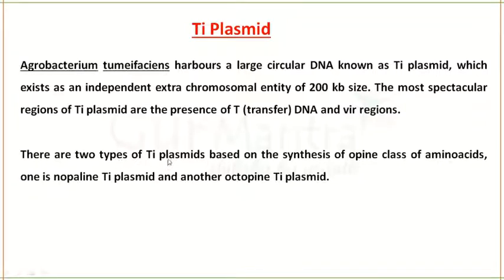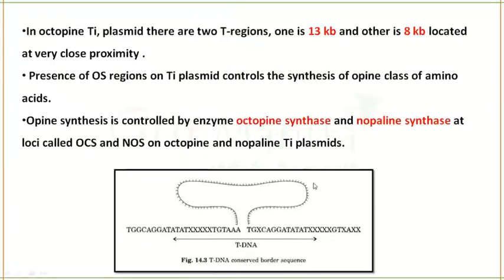There are two types of Ti plasmid based on the synthesis of the opine class of amino acids. One is nopaline Ti plasmid and the other is octopine Ti plasmid. In octopine Ti plasmid, there are two regions, one of 13 kilobases and the other of 8 kilobases, in very close proximity.